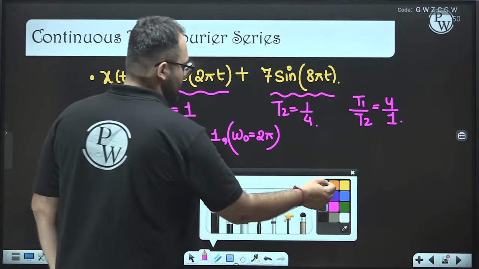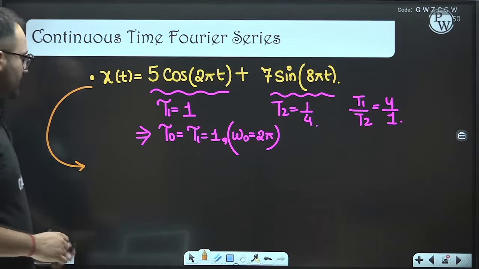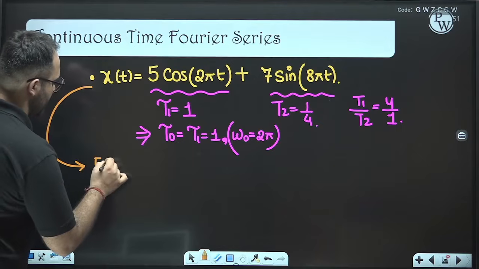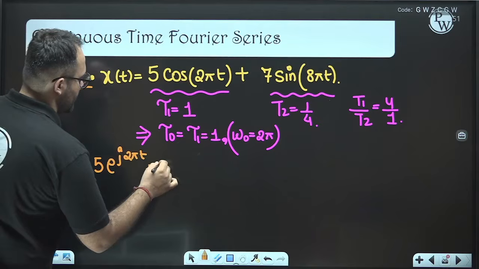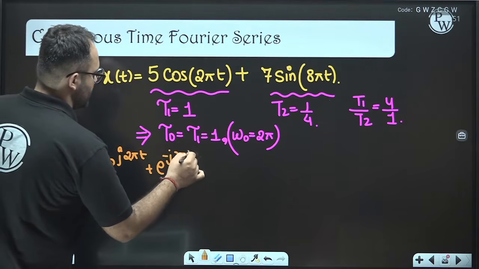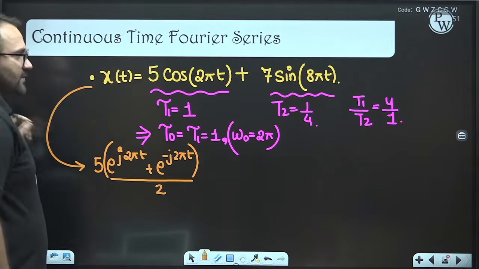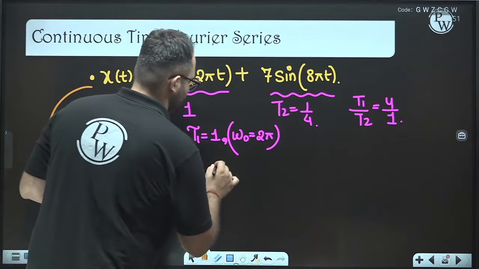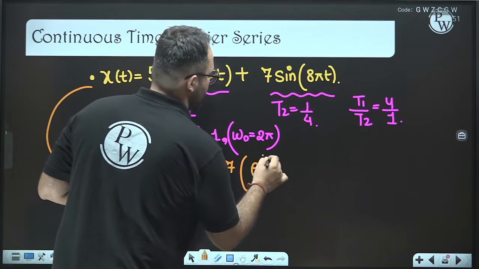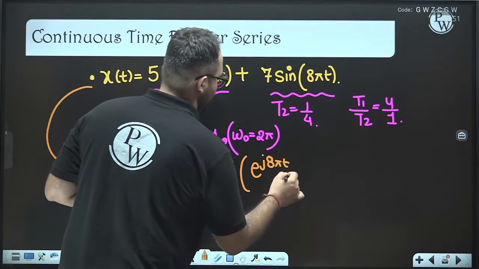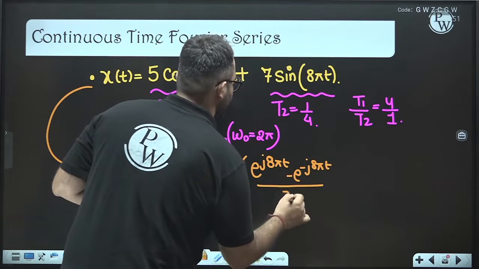Now what does step 2 say? Step 2 says to convert these cos and sine into complex exponentials. So we'll get 5 times e to power j 2 pi t plus e to power minus j 2 pi t divided by 2. Second, 7 times e to power j 8 pi t minus e to power minus j 8 pi t divided by 2j.